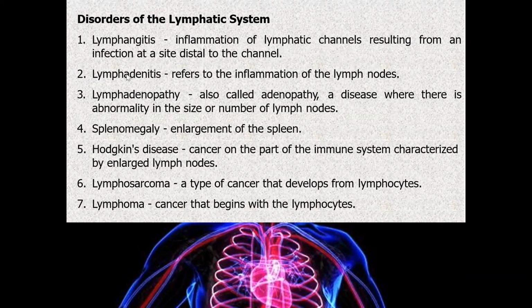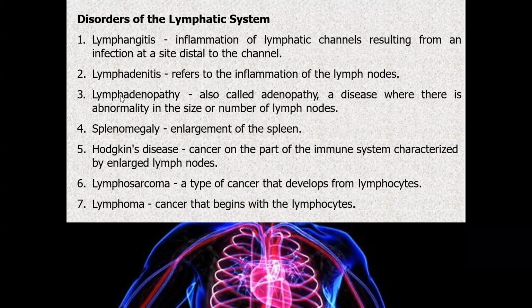Okay, next, when we say lymphadenitis, it refers to the inflammation of the lymph nodes naman. So when the inflammation happens all throughout a lymphatic channel, it is called lymphangitis, whereas when lymph nodes are the ones that is inflamed, it is called lymphadenitis. Okay.